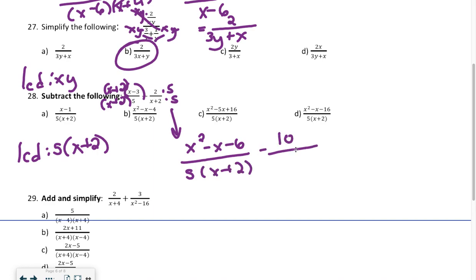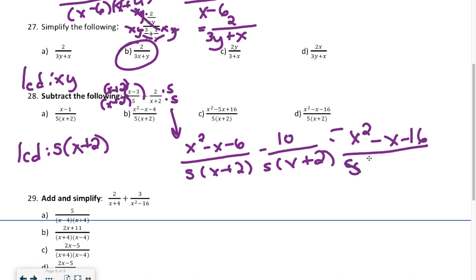Here I get minus 10. We are left with x squared minus x minus 16. And nothing else can combine, so the answer is choice D, nothing factors.